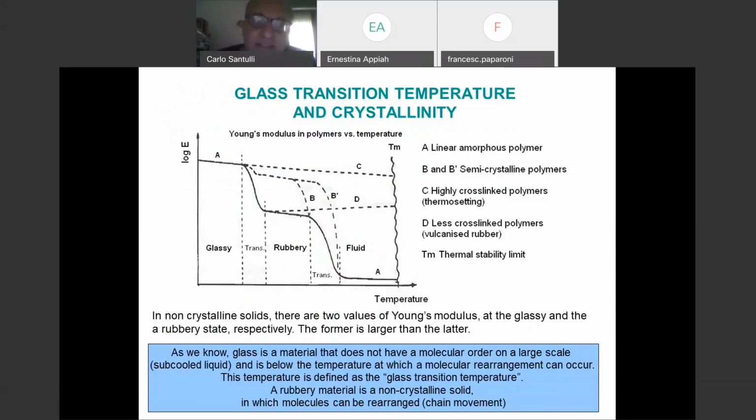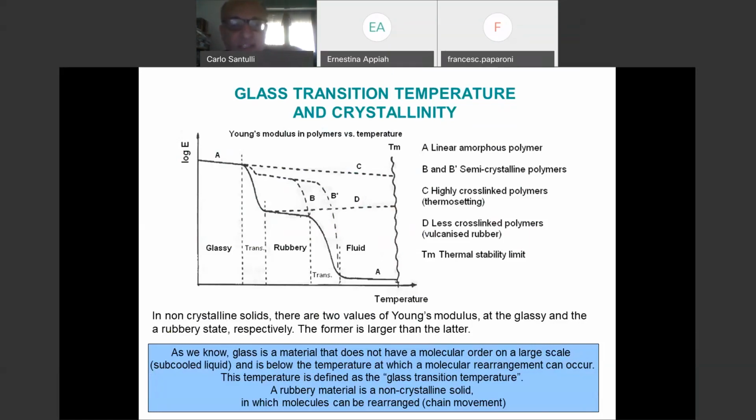Let's see which kind of behavior we can get. Of course, this concerns instead glassy and rubbery behavior. We have a temperature at which you pass from a glassy behavior to a rubbery behavior. This is called the Tg, the glass transition temperature. The Tg, as always in polymers, is a temperature interval.